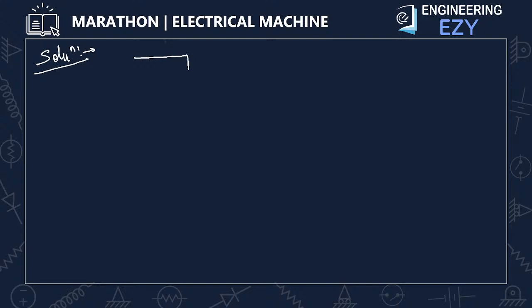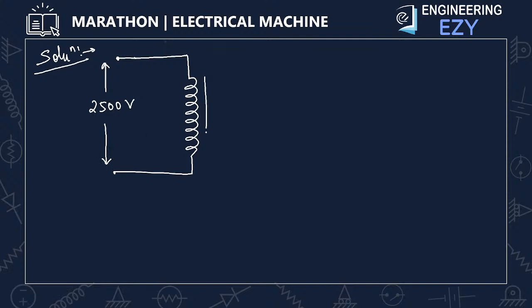The primary voltage is 2500 volt and the secondary is 250 volt.